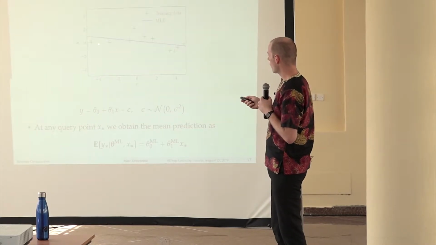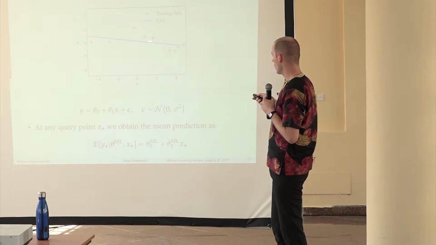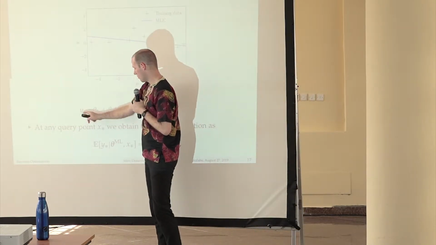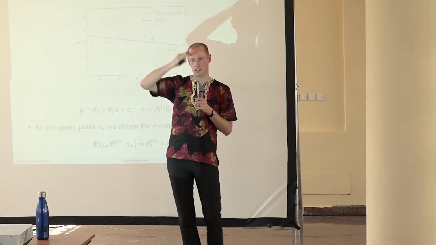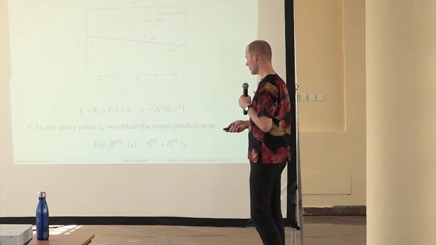So if I'm given this kind of data set here, then I can fit a straight line. My model, or my relationship between x and y, is y equals theta 0 plus theta 1 x plus epsilon. So I can fit straight lines, and there's some noise disturbance in here.